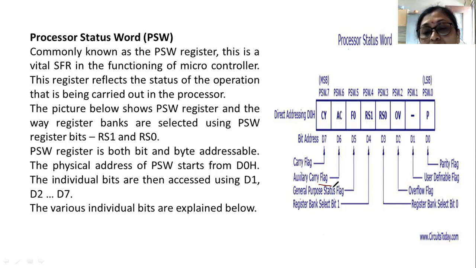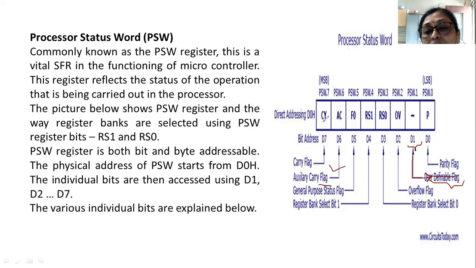Each bit of the processor status word is called a flag. A flag is used to indicate the status of the processor after execution of an instruction. How many flags are there here? There are 7 flags. One flag is left unused. It is not a user definable flag; it is reserved for future use.